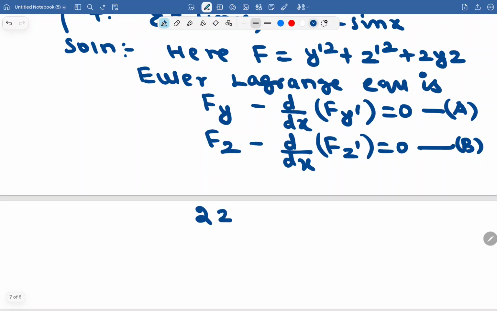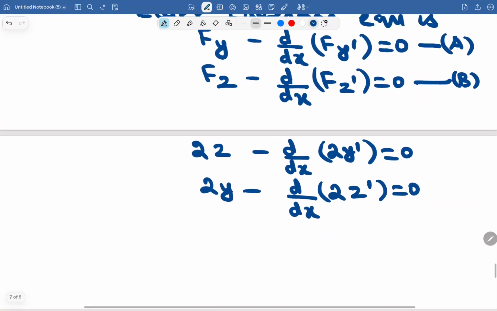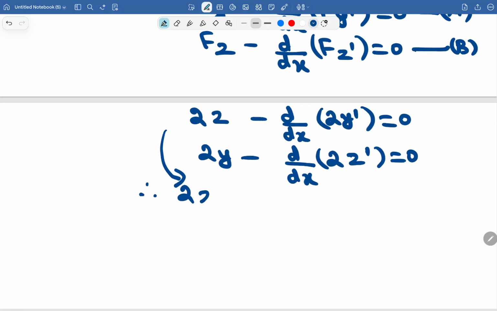fy means 2z minus d by dx of 2y dash equal to 0. fz is 2y minus d by dx of 2z dash equal to 0. Therefore 2z minus 2y double dash equal to 0, y double dash equal to z.